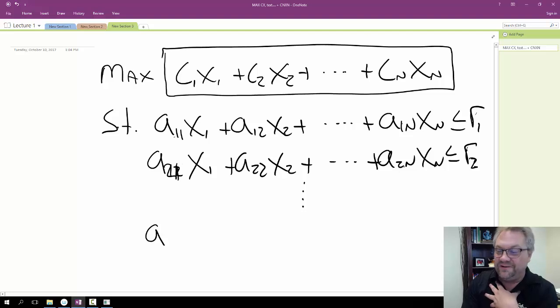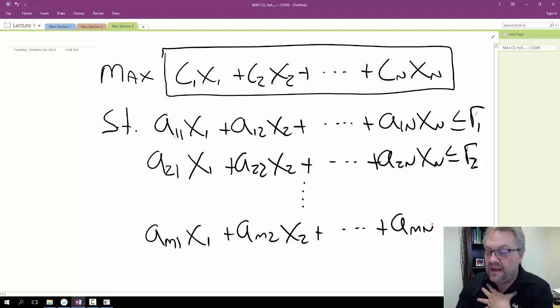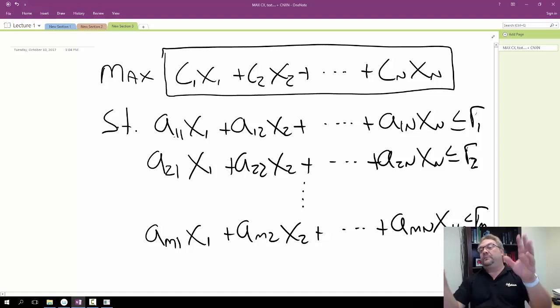Notice I got it right here. Row 2, column n. So here, I think I can erase this. There we go. Row 2, column 1. Well, the reason I say that is because at the end, I know that I should have row M, column 1, x1, plus row M, column 2, x2, plus dot, dot, dot, AMN xn, less than or equal to some number.